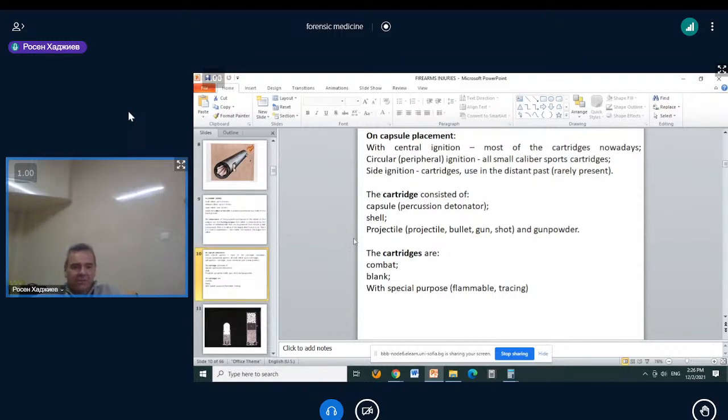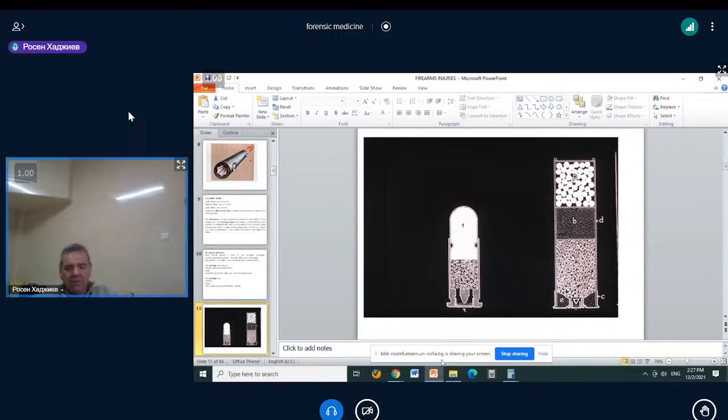The cartridge consists of three components: capsule or percussion detonator, which is located on the bottom of the cartridge; shell, this is the main part of the cartridge; and projectile, which is put in the neck of the shell, in the upper part of the shell. The cartridges are combat, blank, or with special purpose, flammable and tracing.